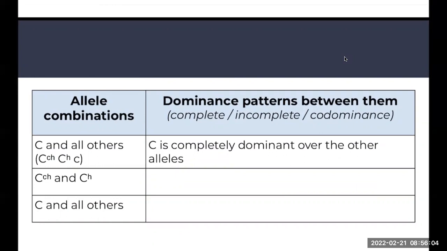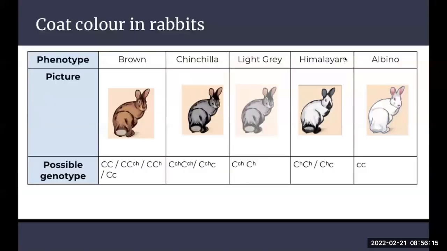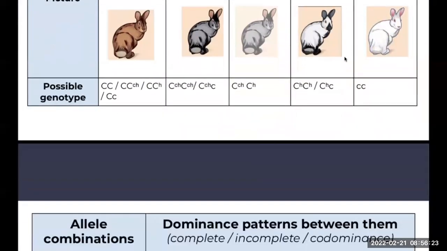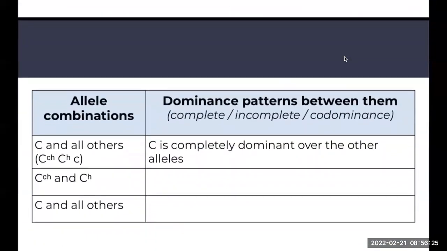Whenever you see a question with 4 or more phenotypes, you know it's a multiple allele situation. And the next thing you always do is look at the relationship between each of the alleles and determine it first before you can do anything really. So pause the video and complete this table.